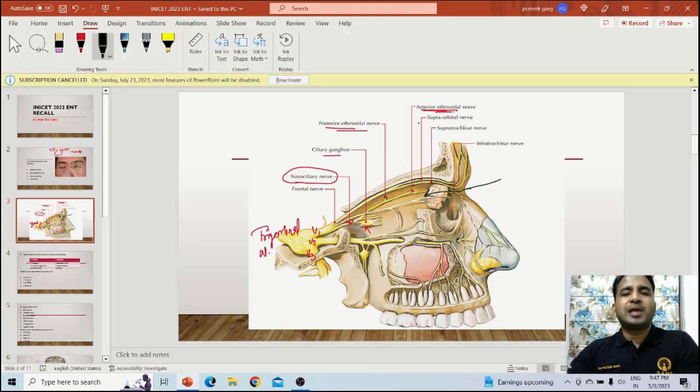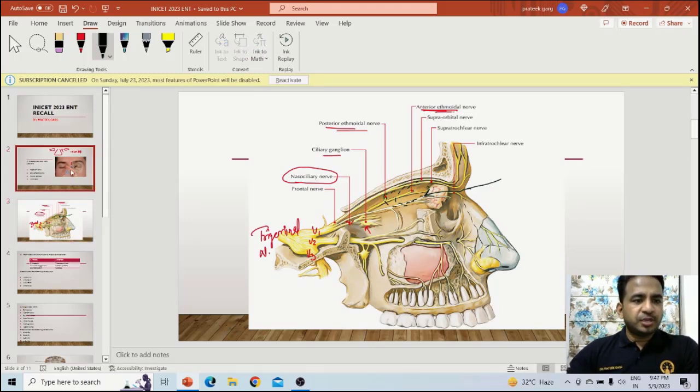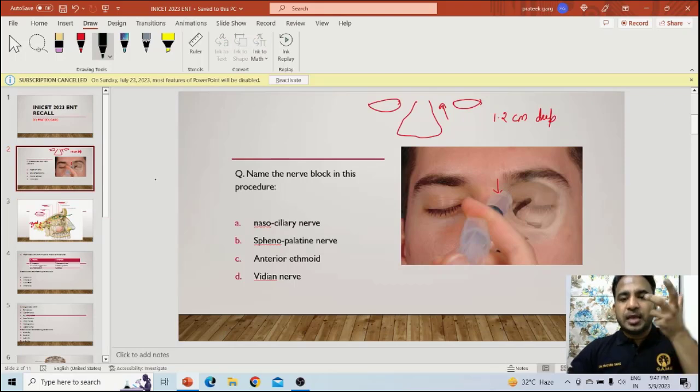More correctly, if they want to ask, we can say anterior ethmoidal nerve, but basically it is anesthetizing the nasociliary nerve. So in this question, where the examiner is giving some injection over the lateral surface of the dorsum of the nose, the correct answer should be nasociliary nerve.